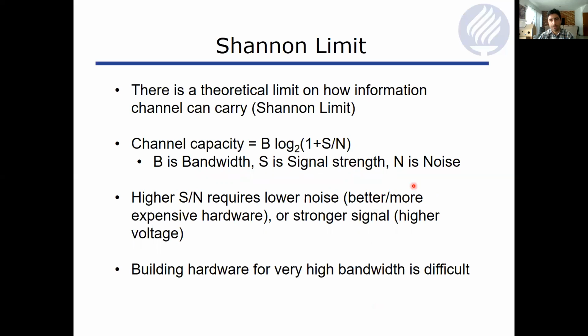Recall that the capacity of the communication channel is determined by the bandwidth times log base 2 of 1 plus the signal to noise ratio. In practice, the possible data rate is bounded by the signal to noise ratio.